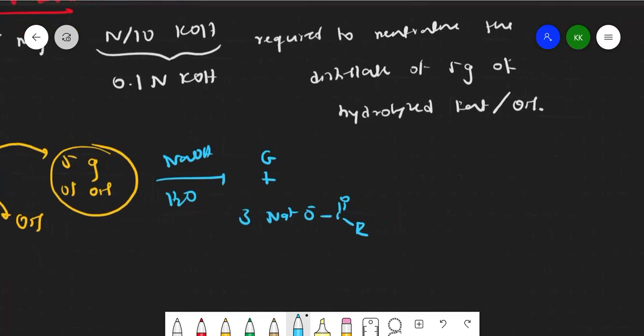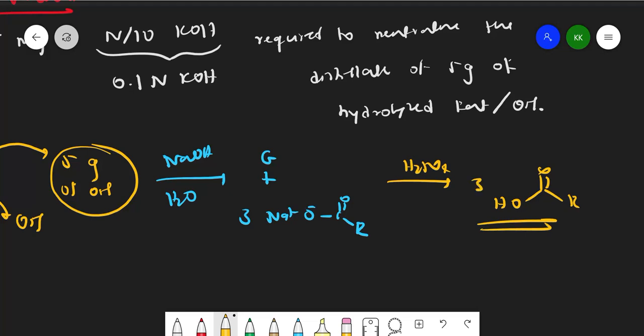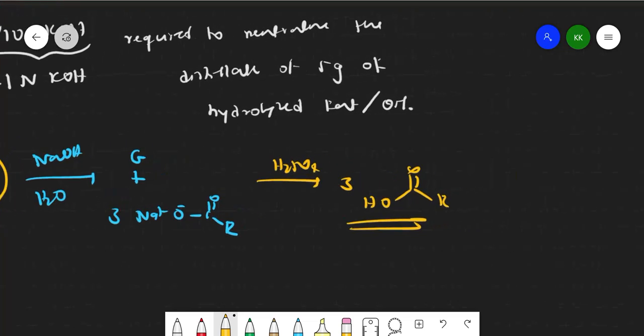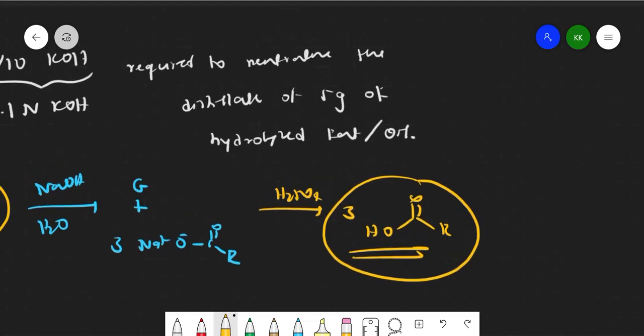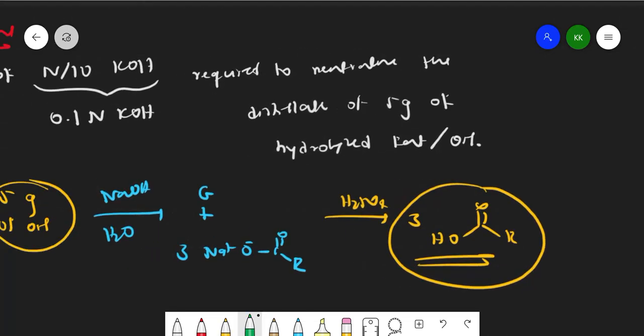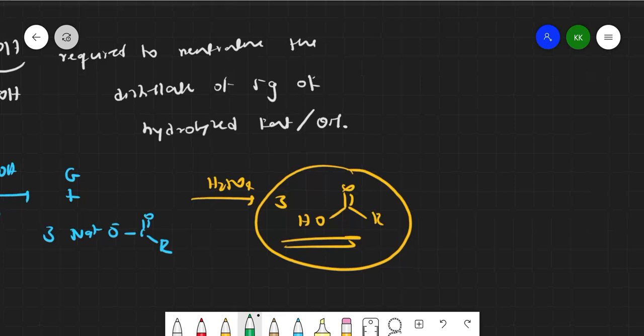Then to this I will add acid, H2SO4. So I'll get fatty acid, RCOONa was there, now RCOOH. Like that I got 3 molecules of fatty acid. That fatty acid I will neutralize using 0.1 normal KOH solution.